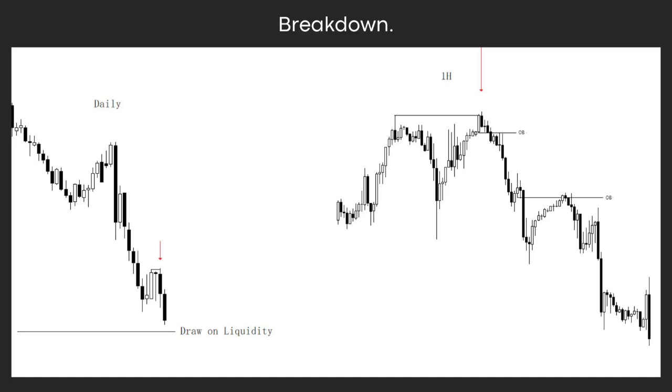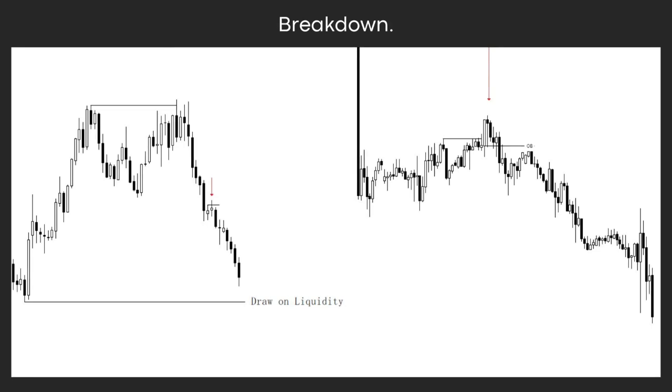Then we tested that order block, and price expanded lower and had the weekly range expansion. Here your entry would have been at the order block low, stop loss above the swing high or the order block's high, and you would have targeted either the daily CRT low or the overall drawn liquidity on the higher time frame.